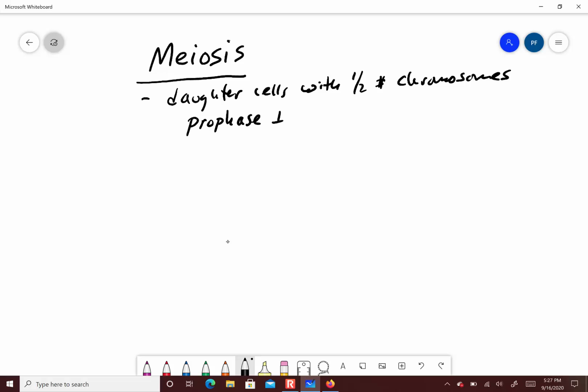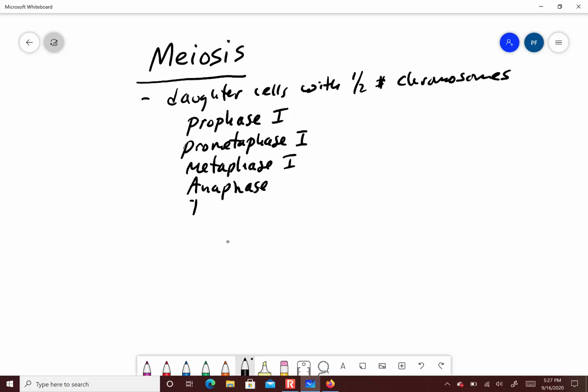And since we're doing them twice, we use Roman numbers to indicate whether we're in the first one or second one. So same stages, right? Prophase, prometaphase, metaphase, anaphase, telophase, but with ones, so we know we're in the first part of meiosis.